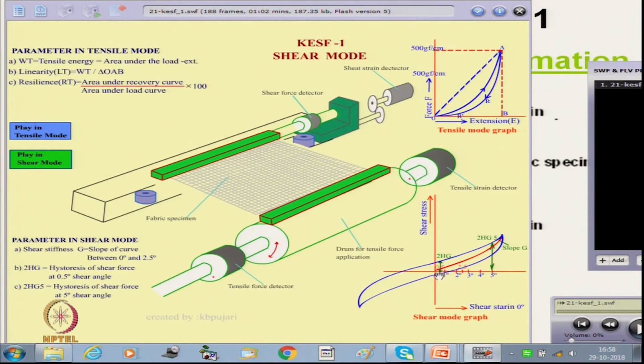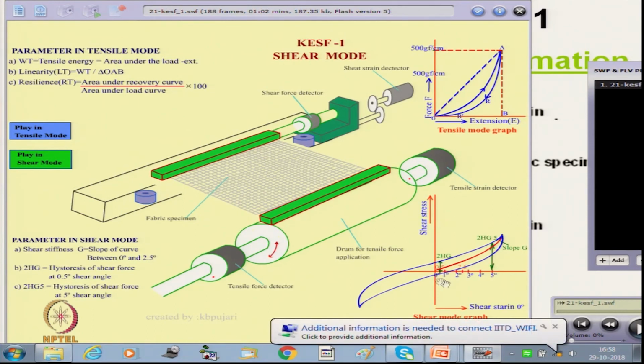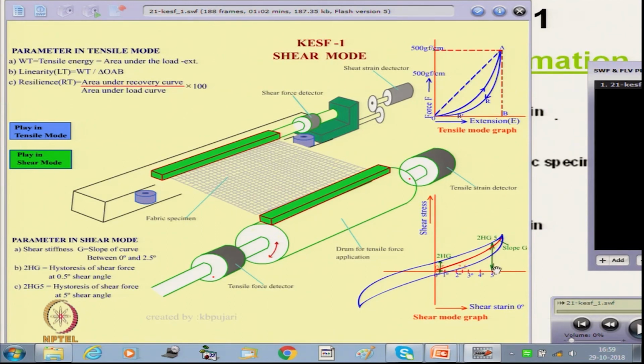We have a maximum of 5 degree shear angle here. If we take the hysteresis at 0.5 degree shear angle, this will be 2HG, and if we take the shear hysteresis at 5 degree shear angle, that is 2HG5.